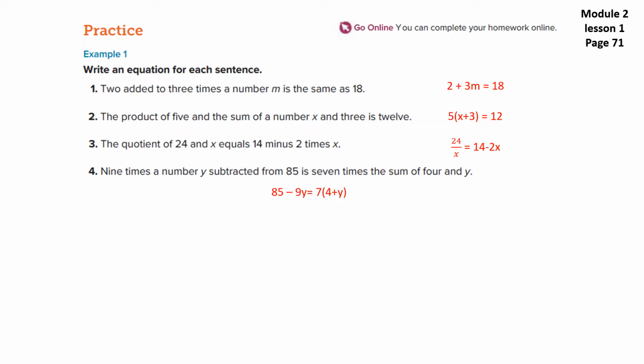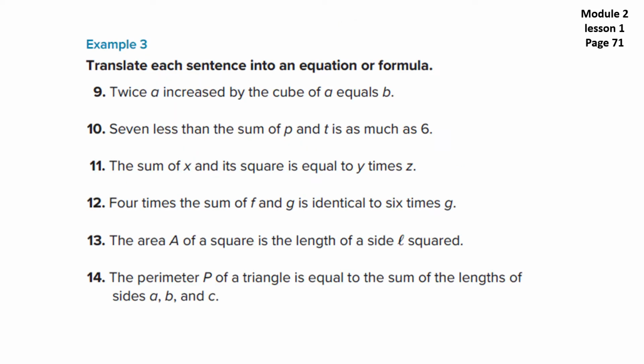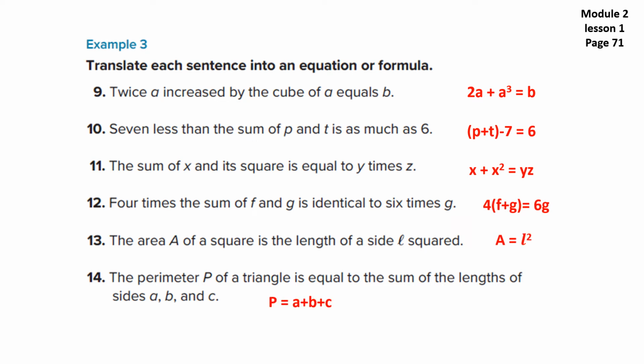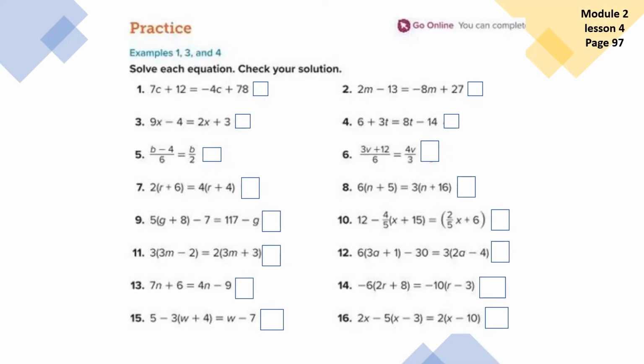So I have provided here all the answers so that you can check your answers. This is from module 2, lesson 1, page 71. Next, you can check your answers for question 9 to 14. So these are going to be the correct answers. And we have covered them in our part 1 of the revision series for grade 8.